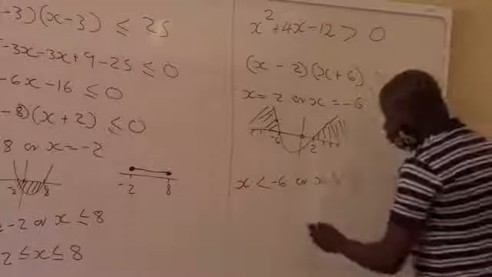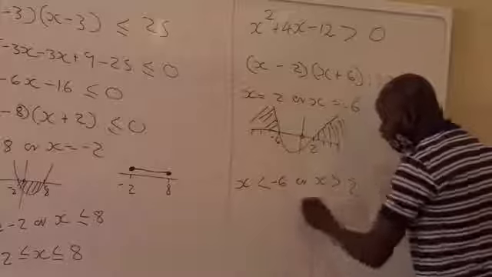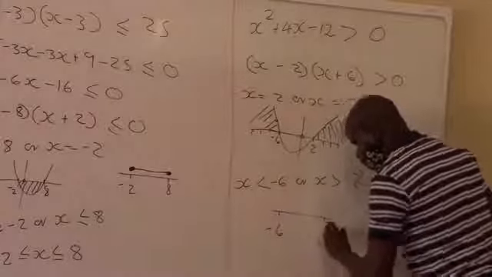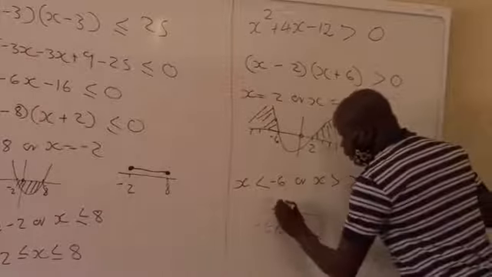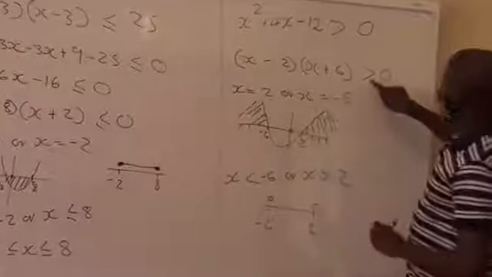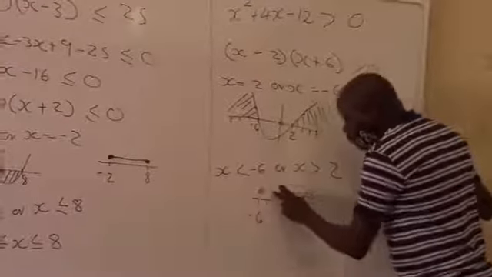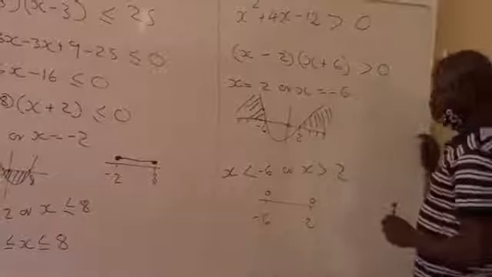So when we use the number line, it's negative, it's positive. Because there is no equal sign here, it's just greater than, it means we leave those little circles open.